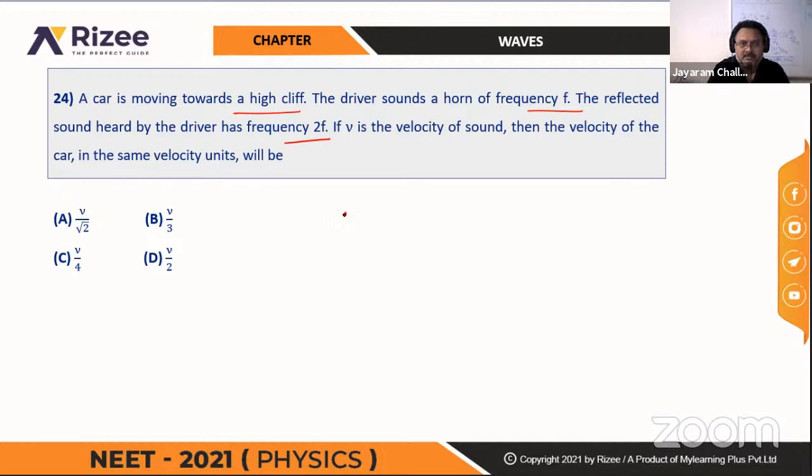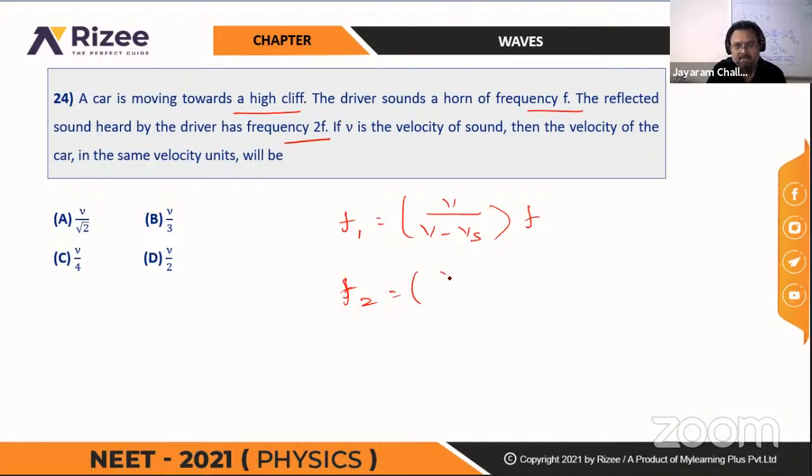So reflected means for the car which is moving towards the cliff, f1 can be written as, since the observer is in the rest position, v by v minus vs into f. So it is reflected and coming back. That means f2 should be equal to how much?